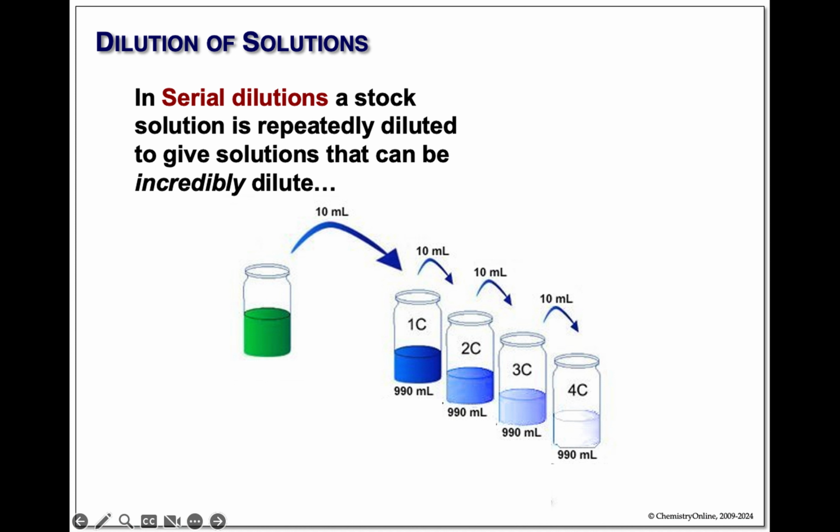Then you take 10 mils of this solution, add it to 990, get another liter. Take 10 mils of this solution, add it to this one, and do that again, 4 times. When you're done, you are diluting by a factor of 100 every time. So if we had a 1 molar solution, this would be 10 to the minus 2, 10 to the minus 4, 10 to the minus 6, 10 to the minus 8 molar.